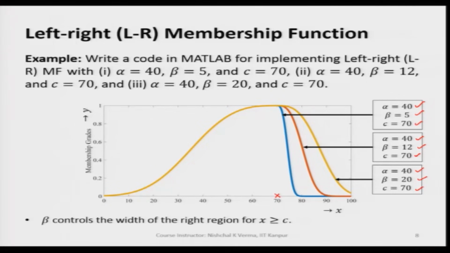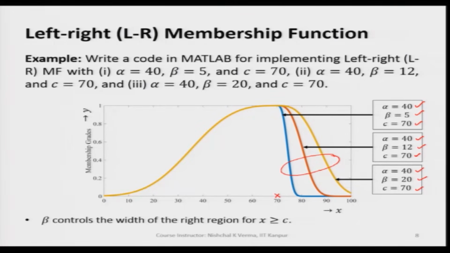C here is at 70, and very clearly, by changing the values of beta, we see that the shape of the curve on this side is changing. In the plot we can clearly see that blue is for beta is equal to 5, red is for beta is equal to 12, and yellow is for beta is equal to 20.